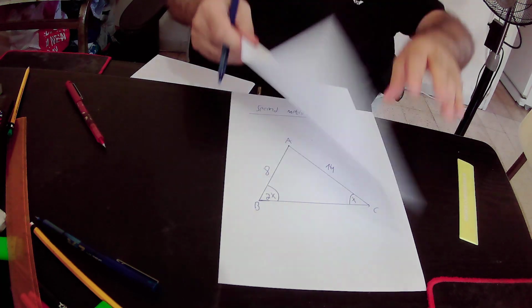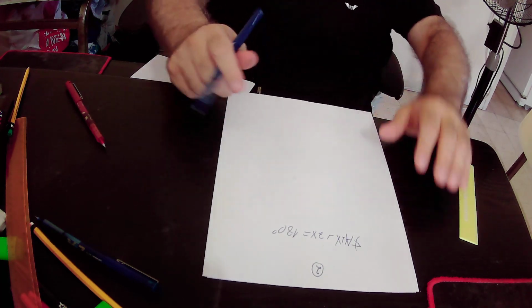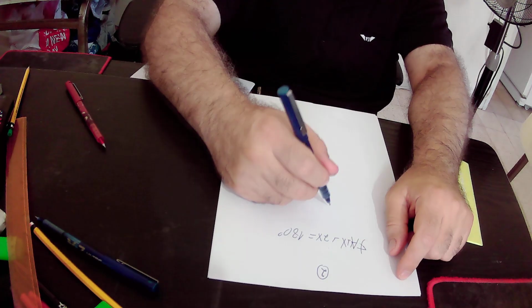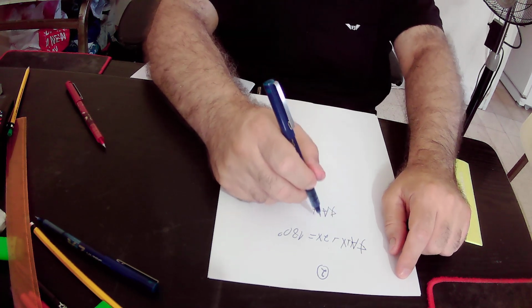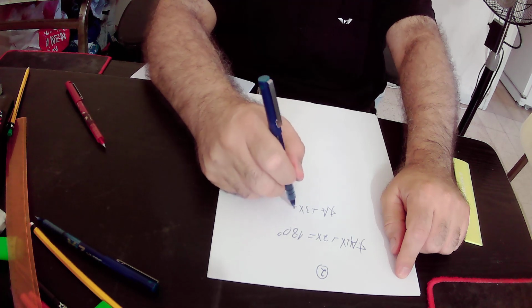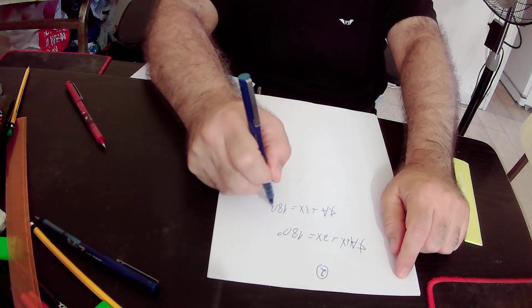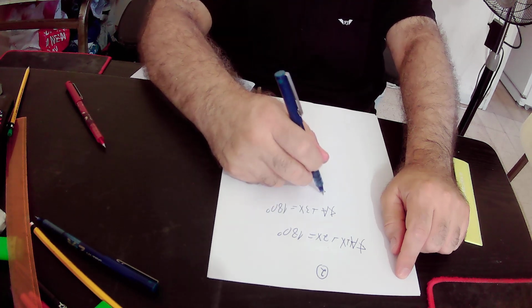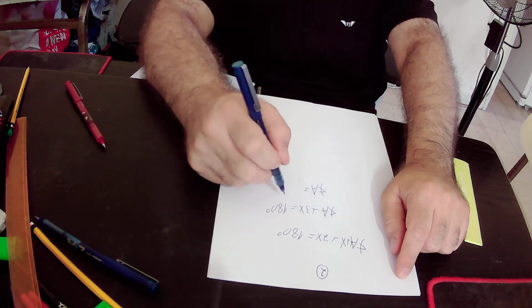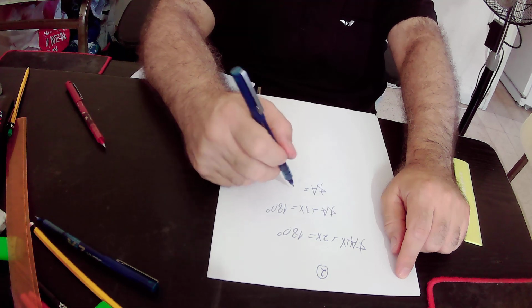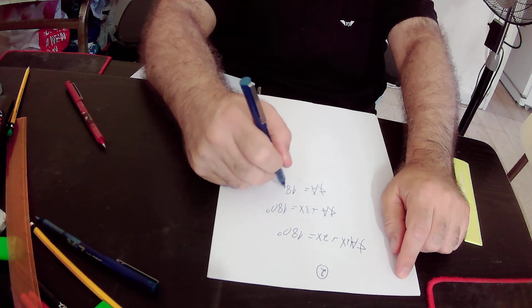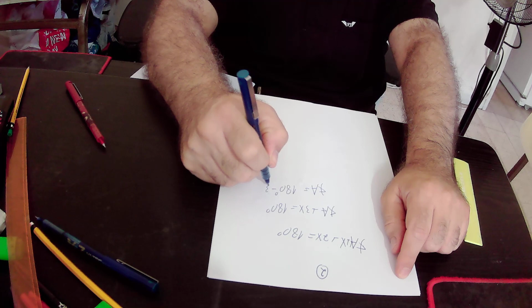So here we'll find that angle A plus x plus 2x, which is 3x, equals 180 degrees. So we'll subtract 3x from this equality, and we will get that angle A equals 180 degrees minus 3x.